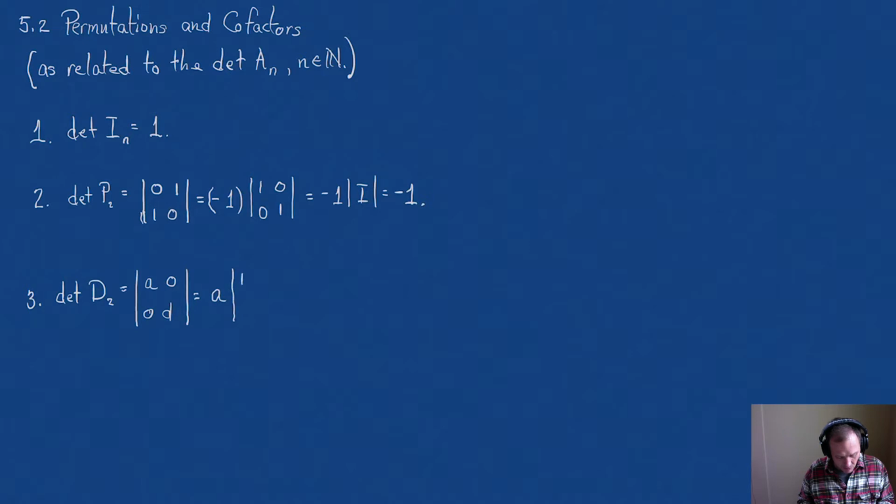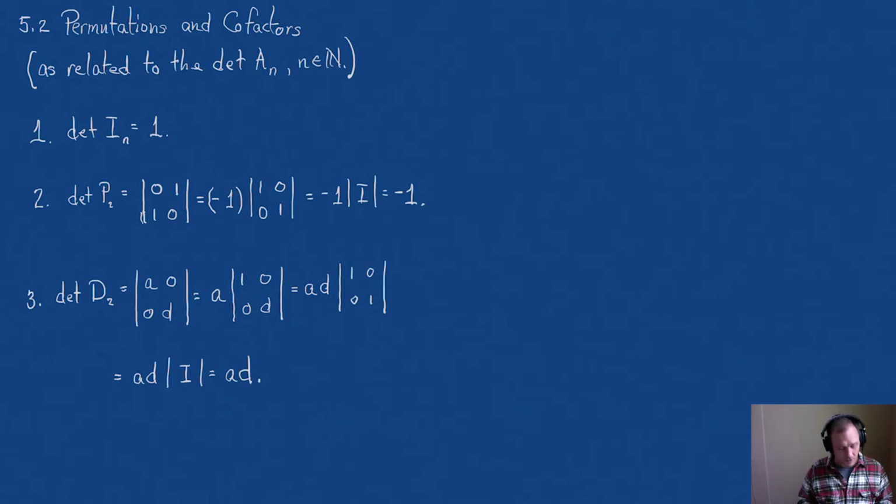That would leave me with 1, 0, 0, D. And then it's linear in the second row also. So now I have A times D times the determinant of 1, 0, 0, 1. The result is just A times D times the determinant of the identity, and that's just 1. So we have A times D.